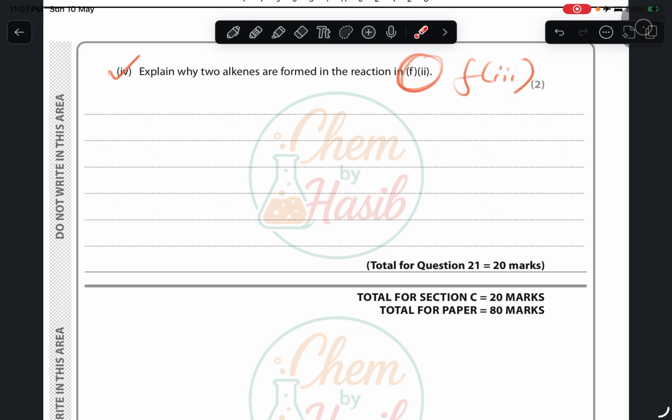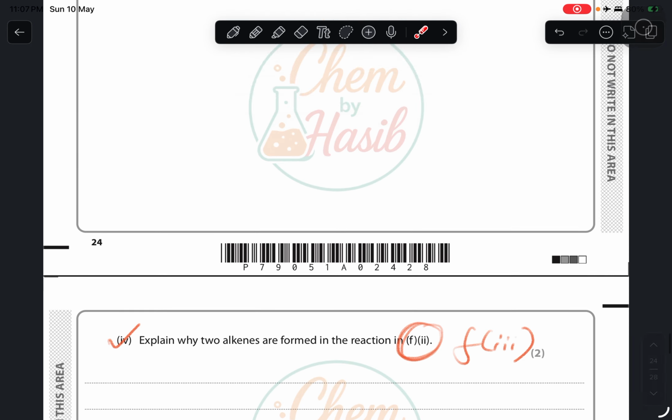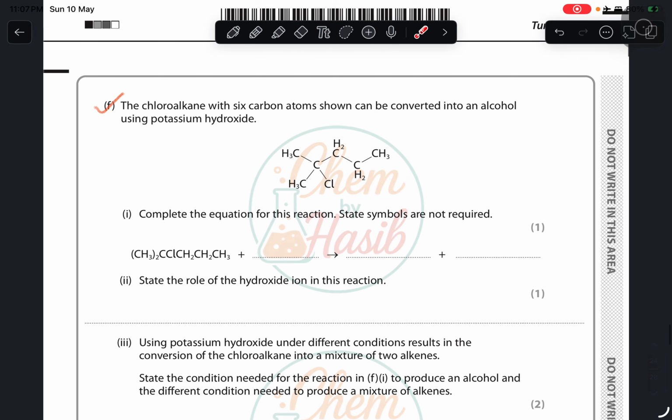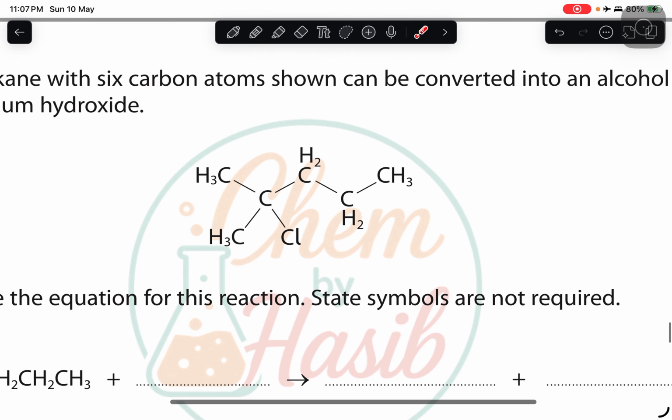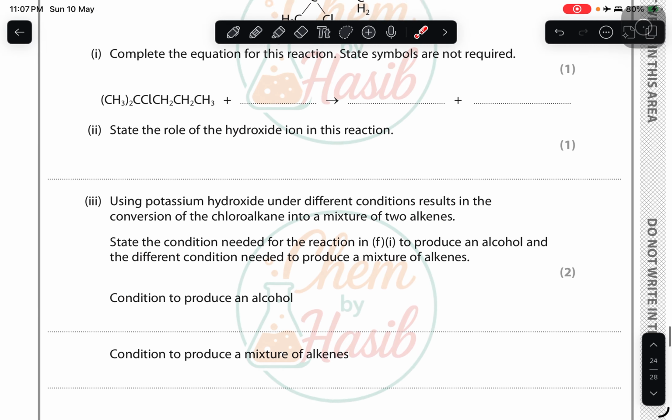So in F3, alkene is formed because hydrogen can be lost from either side. Because in F3, elimination occurs, right? Let me draw the structure for you. Oh, the structure is already here. So 2 different alkenes can form. If the question was why does it form 2 different alkenes, look at the structure here.